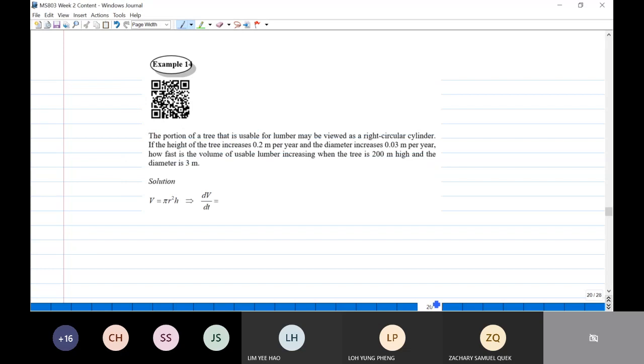Okay, this is question 14. Let's look at the question. A portion of a tree that is usable for lumber may be used as a right circular cylinder. What is the meaning of right circular cylinder?